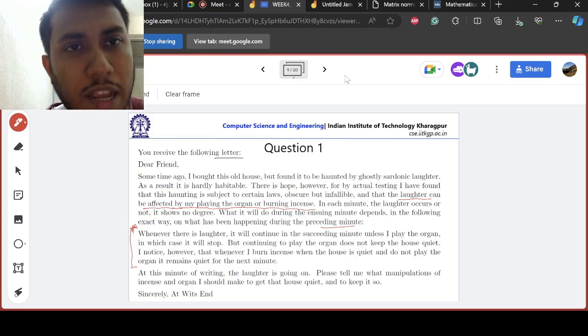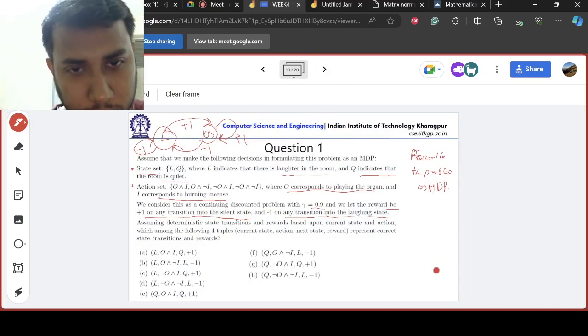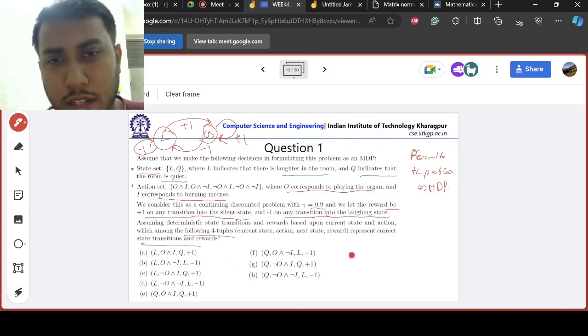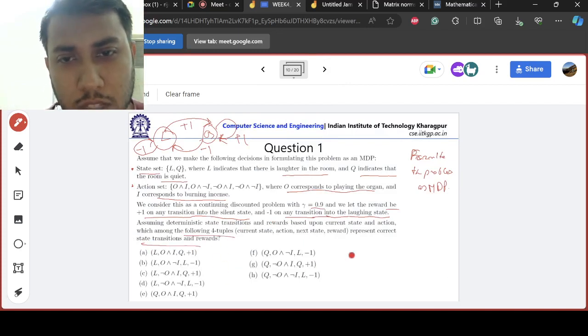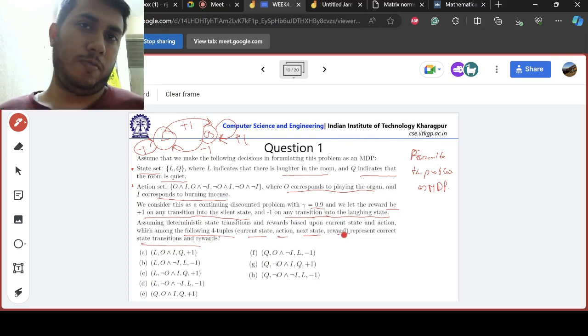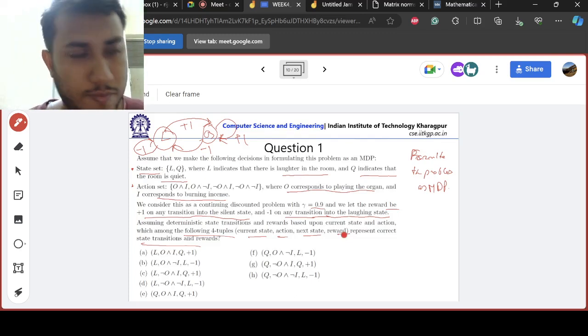So you have to construct an MDP for this. The question is, which of the following four tuples, meaning current state, action, next state, and reward, represent the correct state transition and reward. Okay, this is your question.